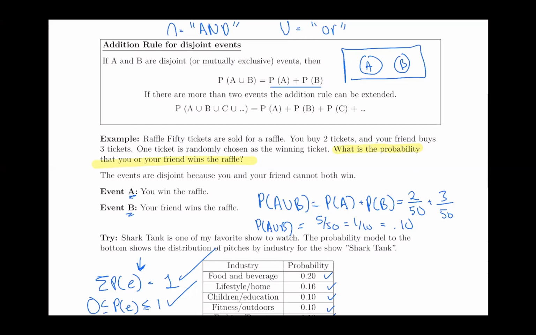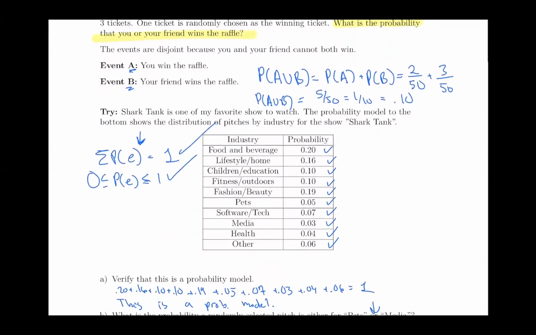But if you look at the one about the pitches for Shark Tank, do they give us a probability in this one? Yes, so they do give us a probability. So in this case, all you have to do is just add the probability. You do want to notice when do we divide, and when do we just add them? You divide if the probability is not given to you.